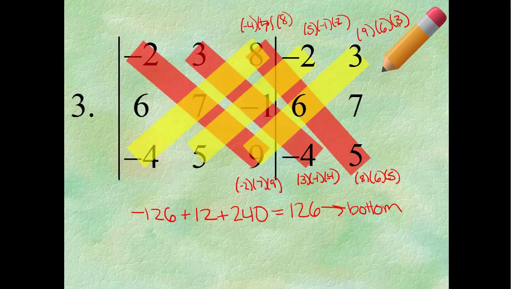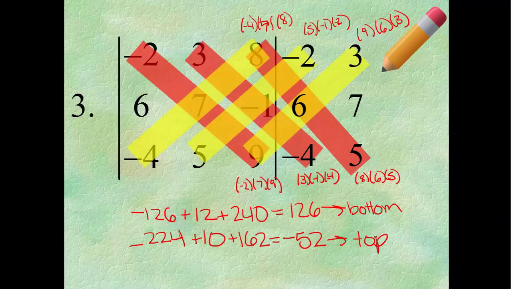So what is that? -4 times 7 times 8 is -224. Add on our next one. 5 times -1 times -2, that is 10. 9 times 6 times 3 is 162. Well, if I add those together, I get -52, and that is the top.